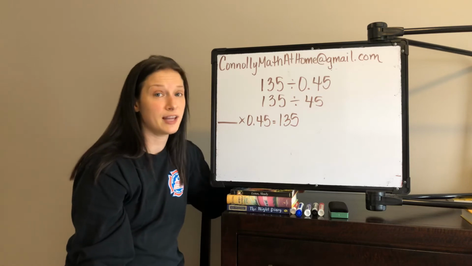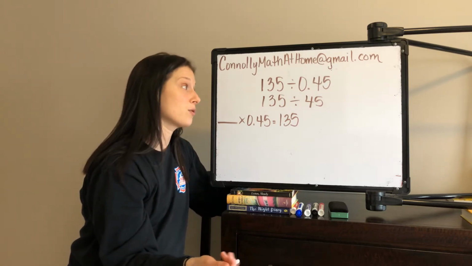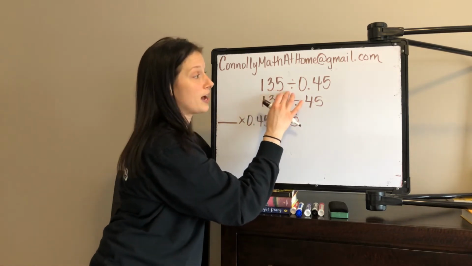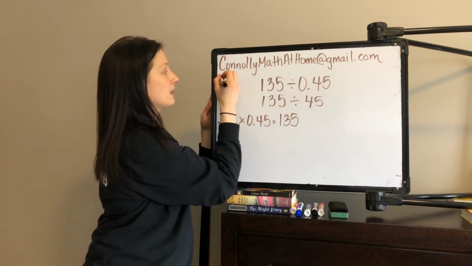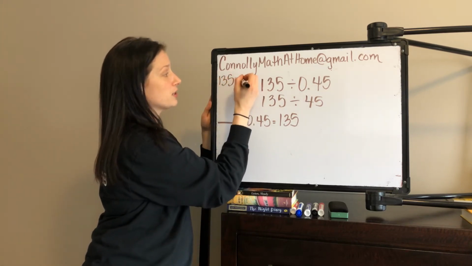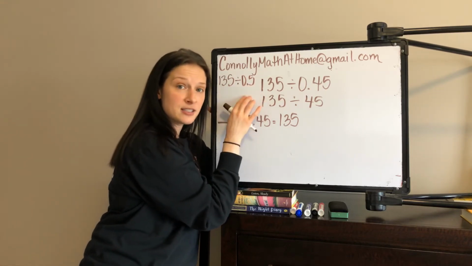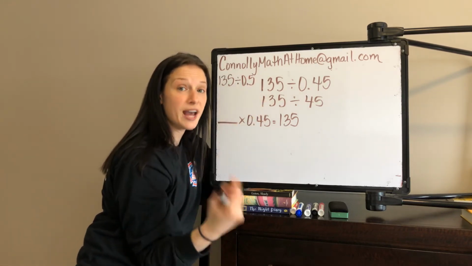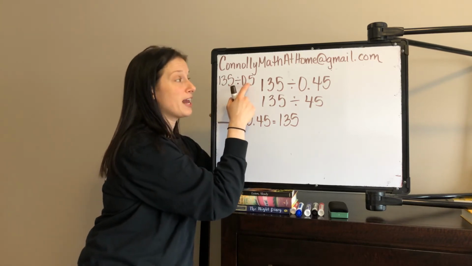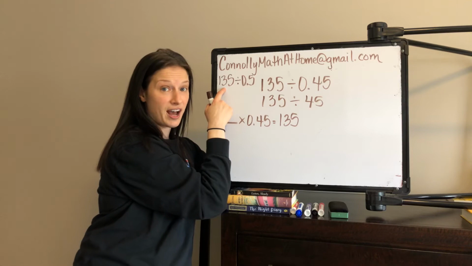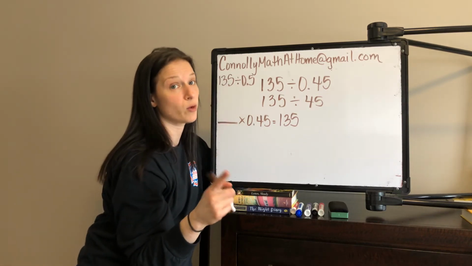Finally, we want to think about our estimate. So when I'm looking at 135 divided by 45 hundredths, in my brain, I think, well, 45 hundredths is really close to 5 tenths. And I like working with 5 tenths because it reminds me of 1/2. And so if I'm thinking about how many groups of 1/2 are in 135, I know for each whole there's 2 groups of 1/2.